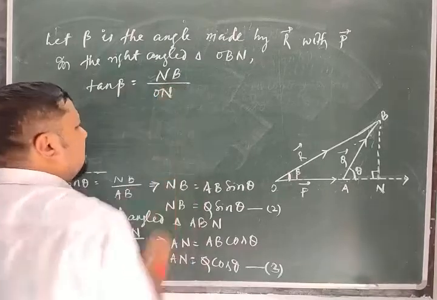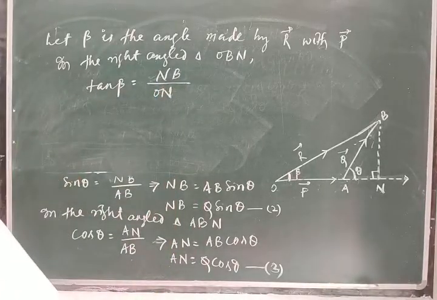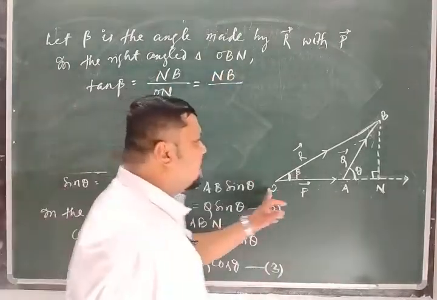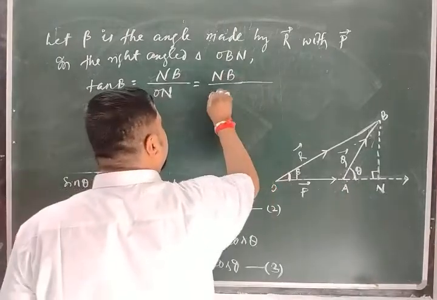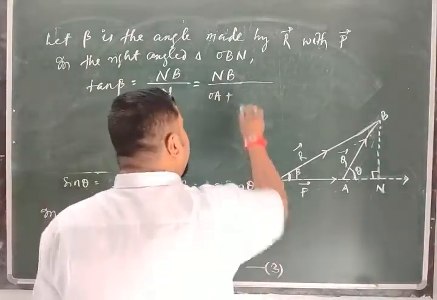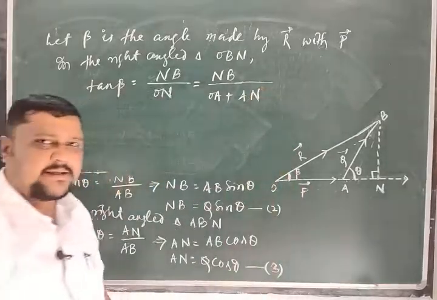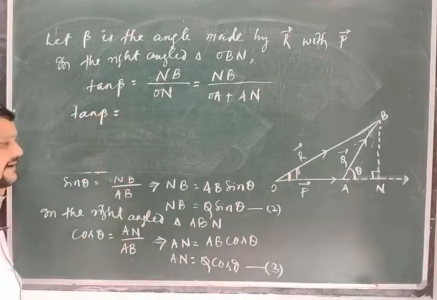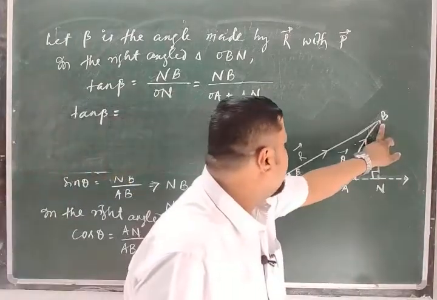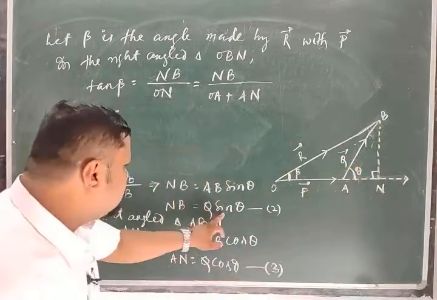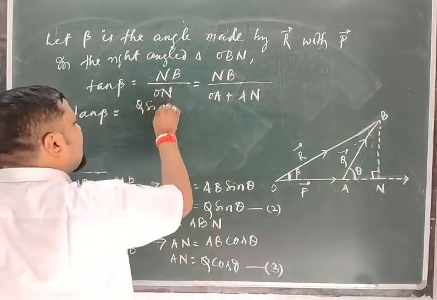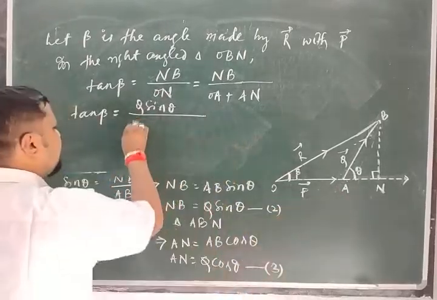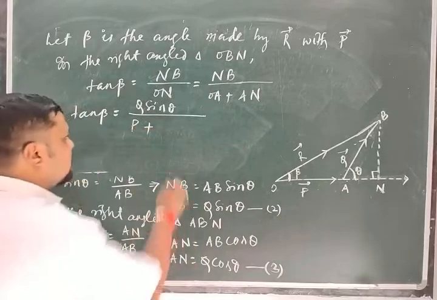Already you know that in your trigonometry. NB by ON. What is this ON? Already you know that it is OA plus AN. Is that clear? Now we put here tan beta is equal to, what is NB? Already you know that NB is Q sin theta. So this is Q sin theta divided by OA, magnitude of P, plus AN, Q cos theta.